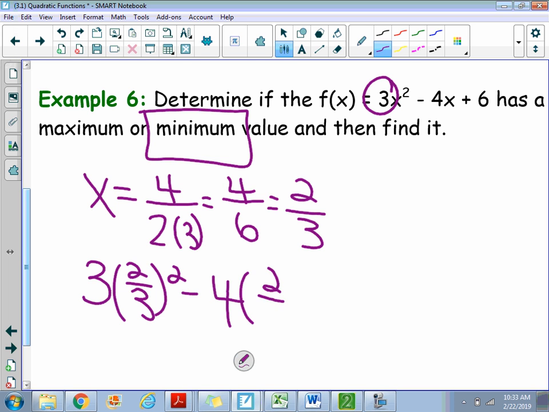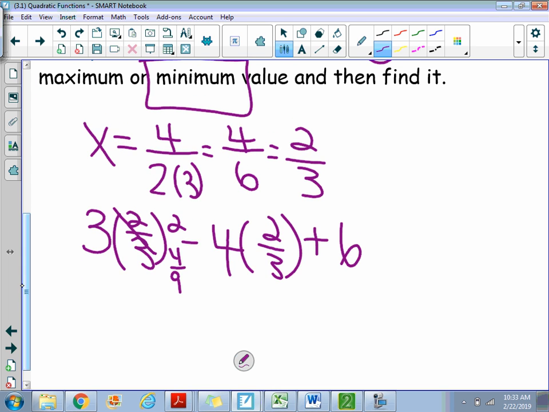And just know, you can always just plug it right into your calculator. You don't have to do it by hand. All right, so this would be 4/9. So 3 times 4/9 is 4/3, minus 8/3, plus 6. So 6 is how many thirds? 18/3.